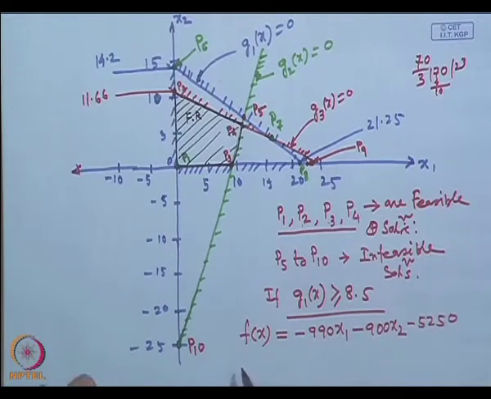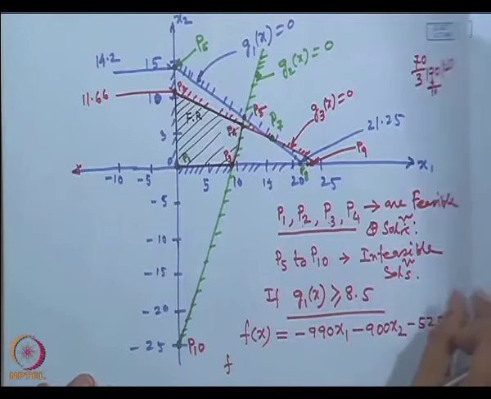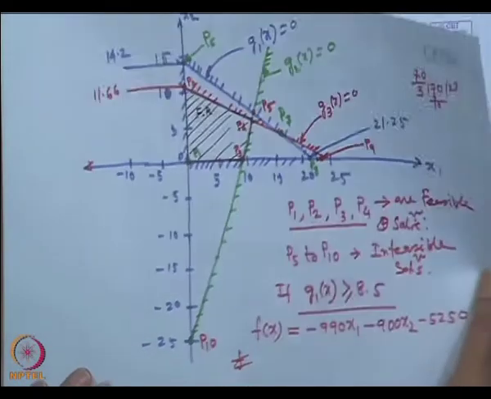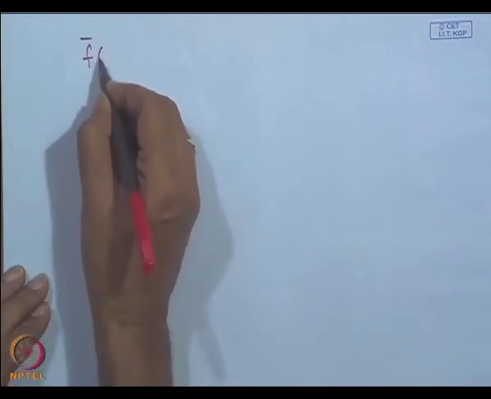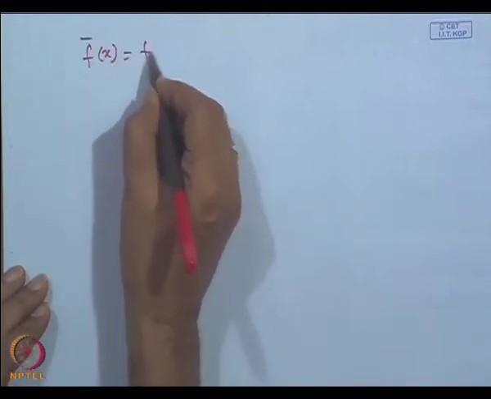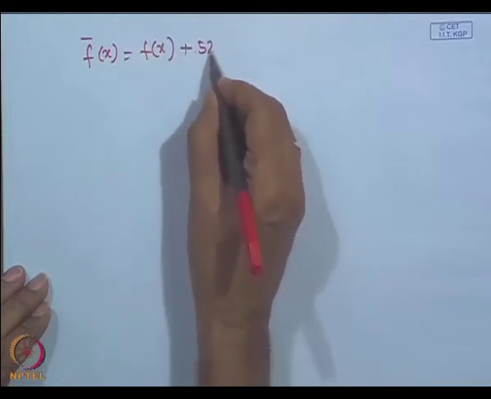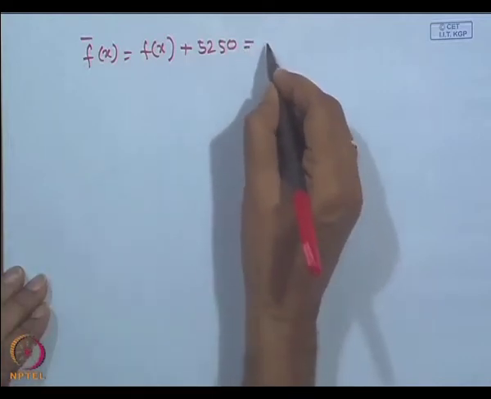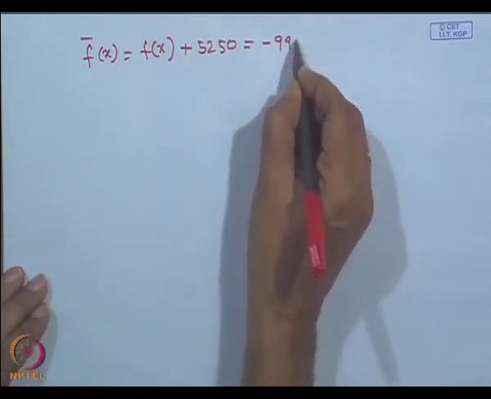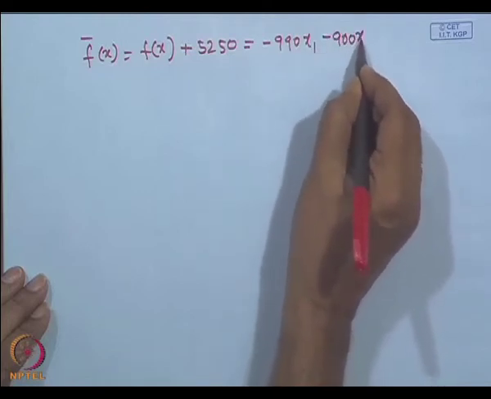Now I am changing it, our new objective function is f bar of x, which is nothing but f of x plus 5250, that constant term we take in this one. So, that is minus 990 x 1 minus 900 x 2.